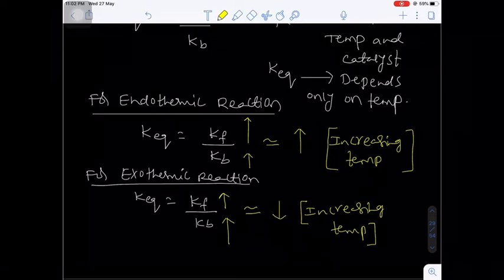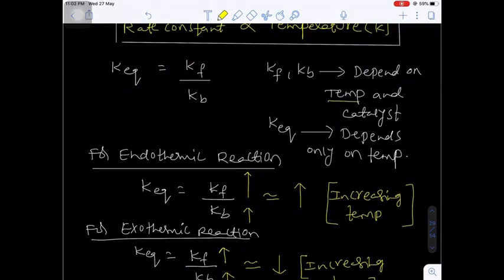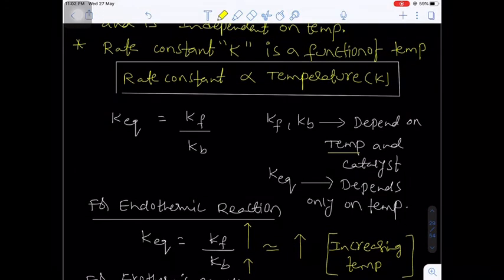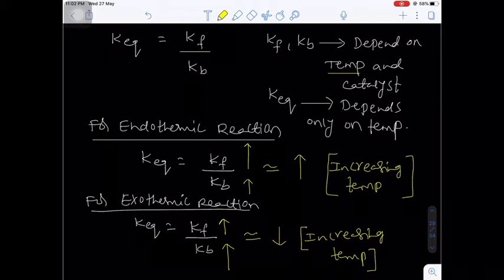So we will explain this by mathematical proof also. You may have one doubt: sir, Kf and Kb both increase because both depend on temperature. When we increase the temperature, the rate constant should always increase, but depending upon the type of reaction, endothermic or exothermic, in an endothermic reaction Kf increases more than Kb.